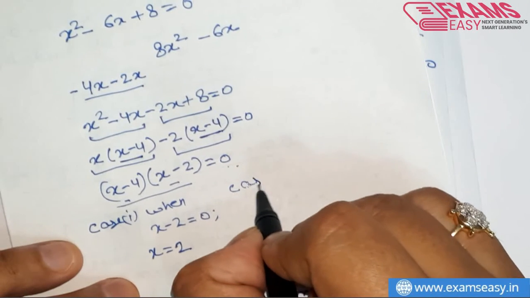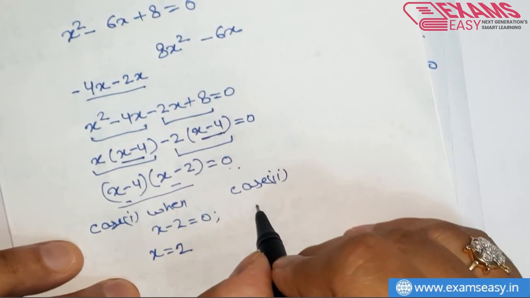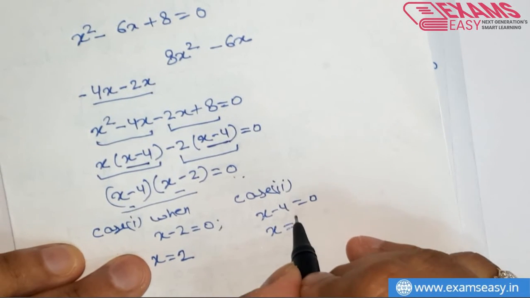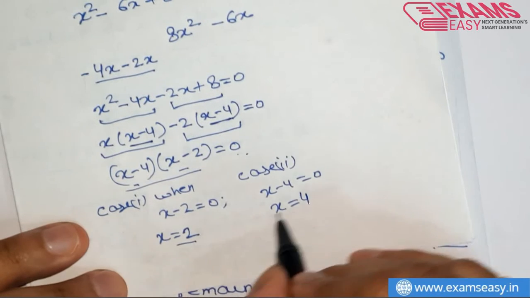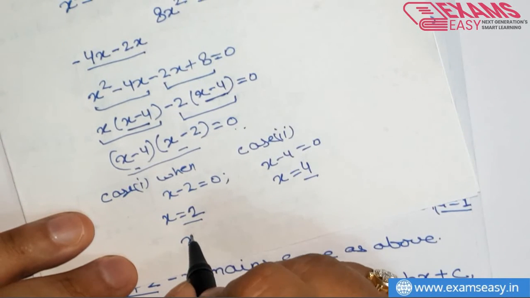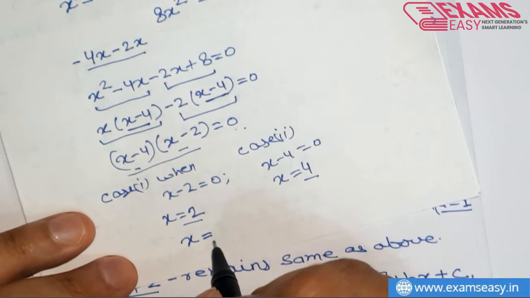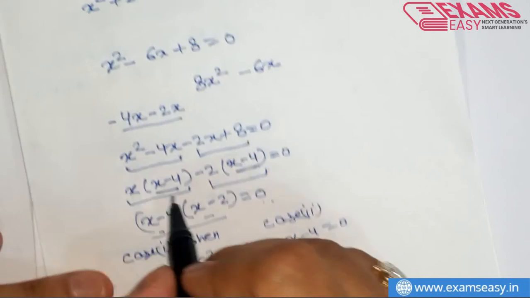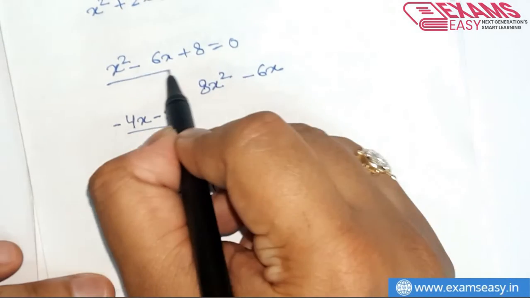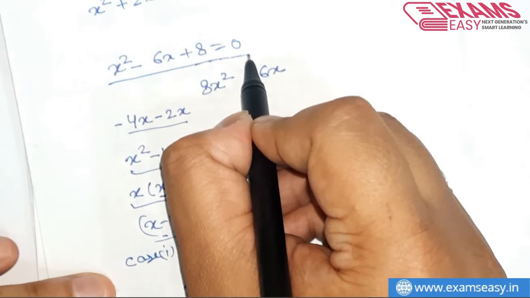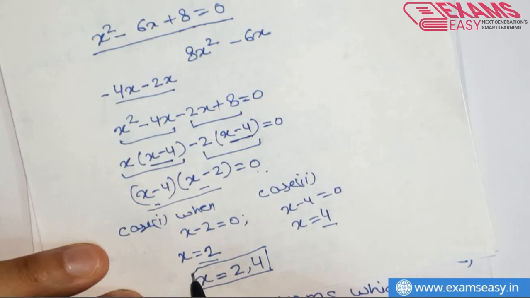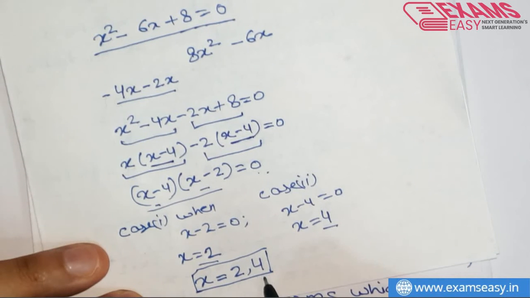Case 2, when x minus 4 is equal to 0, in this case x will become 4. So we are getting two values of x, which is nothing but our solution to the quadratic equation. So the values of x will be 2 and 4 for this quadratic equation, x square minus 6x plus 8 is equal to 0. So this is how we get the roots of the quadratic equation. These roots are also known as zeros of the quadratic equation.